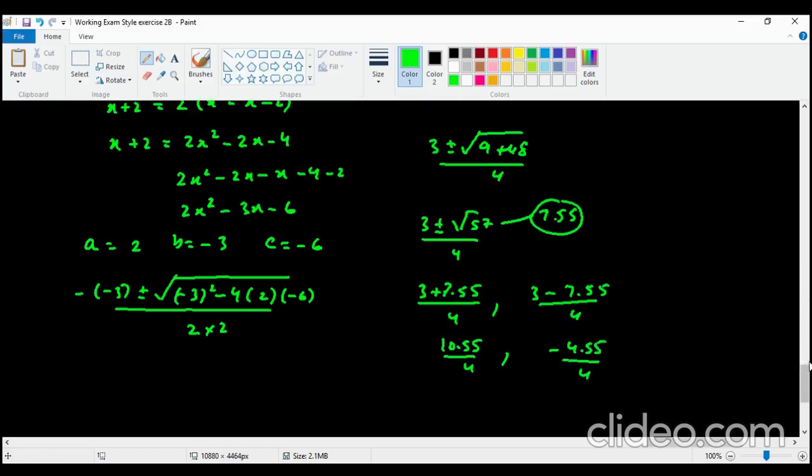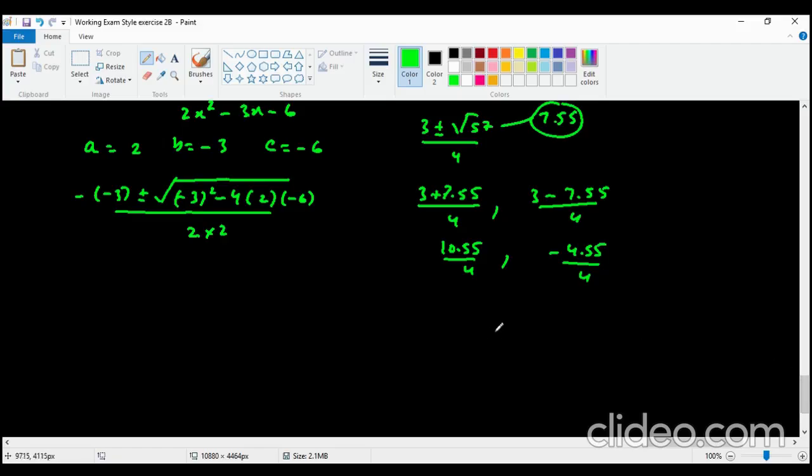So finally, two values of x are going to be 2.63 and negative 1.13. Remember, these are the first value and second value of x. I will write 2.63 in a bracket, and in another bracket, negative 1.13.